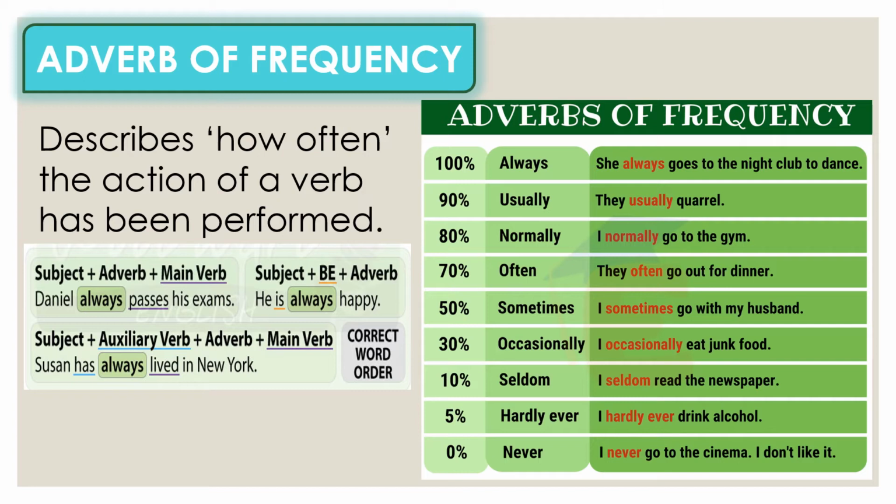If you are going to use it with an auxiliary verb, it is going to come in between the auxiliary verb and main verb. So in this manner we can use adverbs in a sentence. The correct place to put them in a sentence is after subject and before main verb.